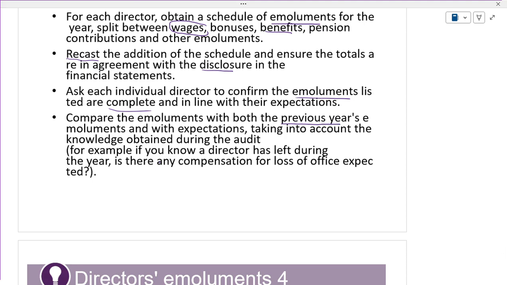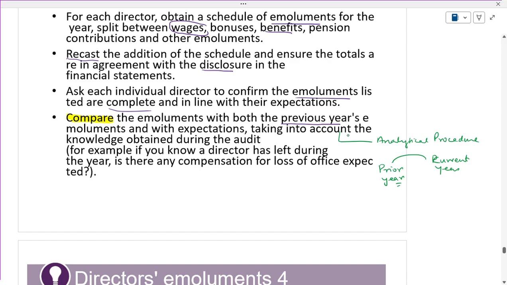Wherever there is materiality, we conduct analytical procedures. We compare the current year with the previous year to know the fluctuations.